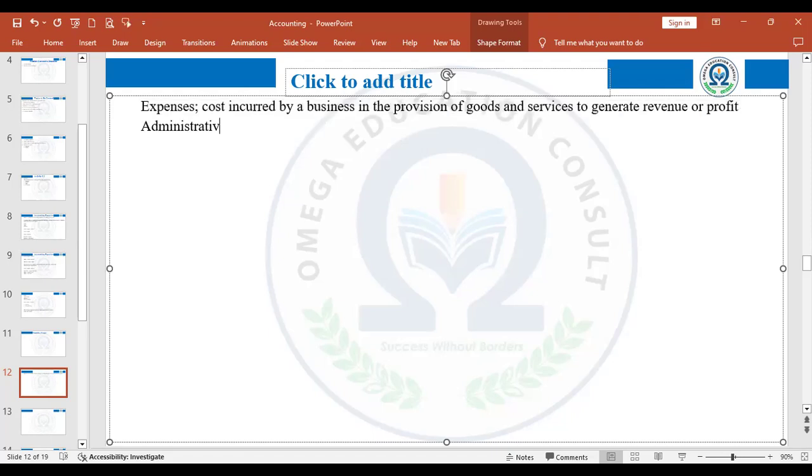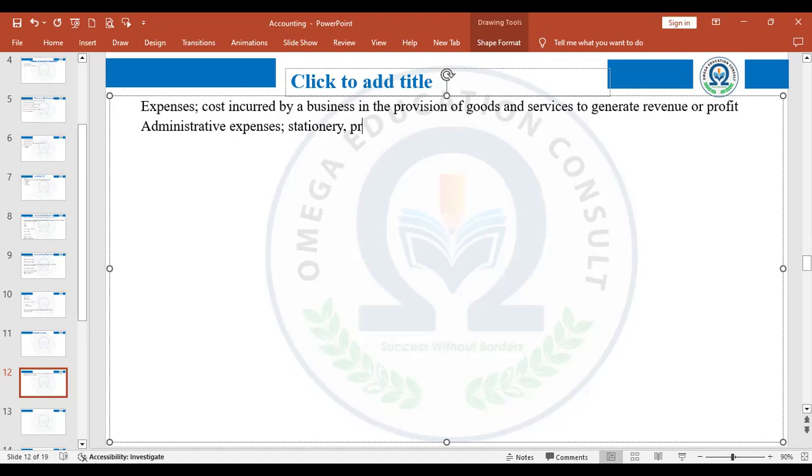Examples of such expenses include stationery, printing expenses, of course, salaries, okay. In fact, all costs associated with administering or taking the administration of a business. So we have those administrative expenses.